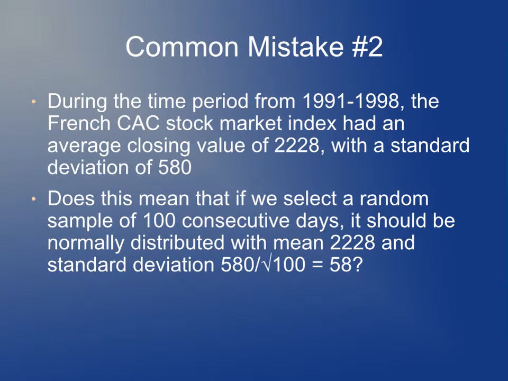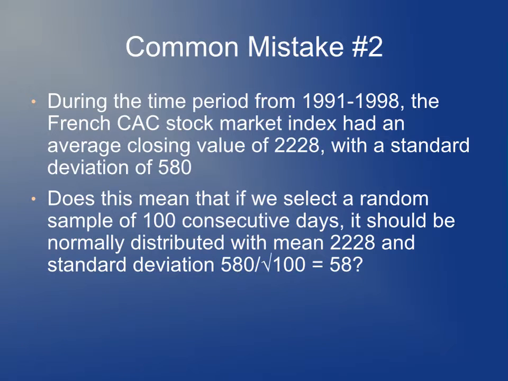And here's another example of when you can get into trouble if you apply the central limit theorem mindlessly. This is a data set that's built into R. It has data on the closing prices of the French CAC stock market index from 1991 to 1998. It had an average closing value of 2,228 with a standard deviation of 580.